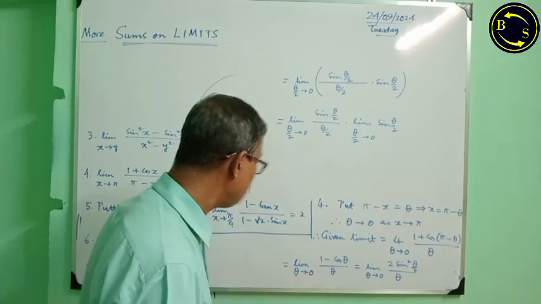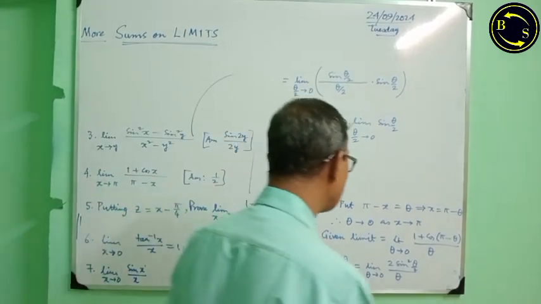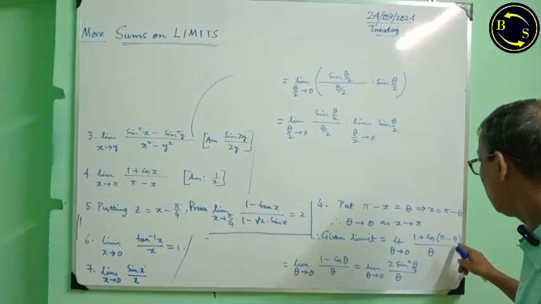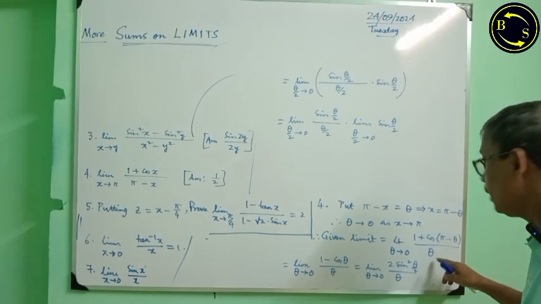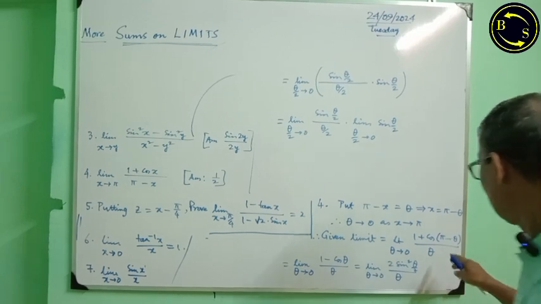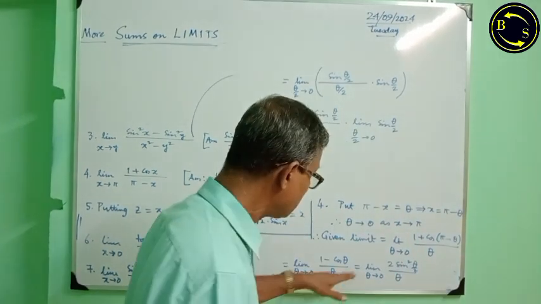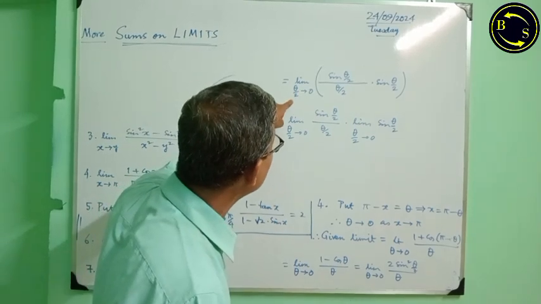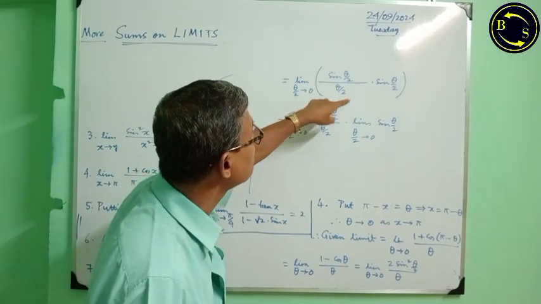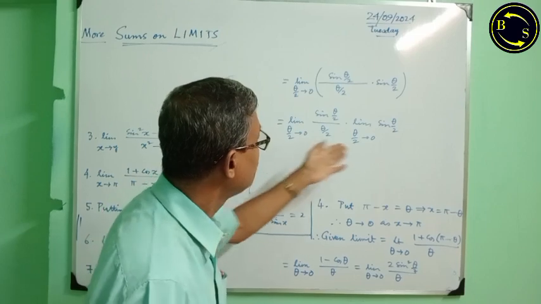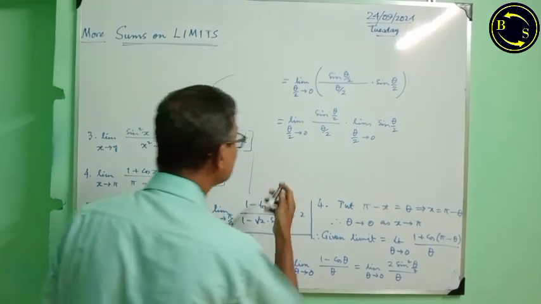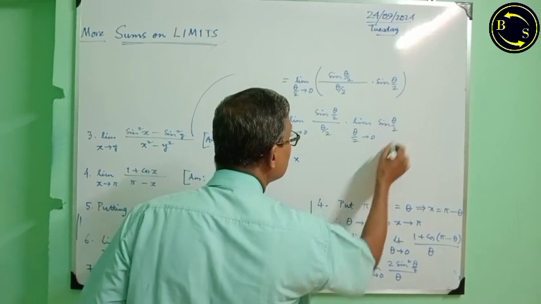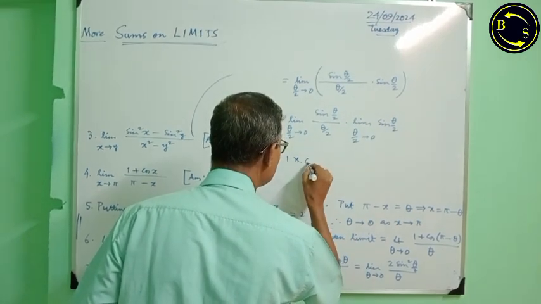Now given limit will be limit theta tends to 0, 1 plus cos of pi minus theta divided by theta. 1 minus cos theta matter is same here. Now limit theta by 2 tends to 0, sin theta by 2 into sin theta by 2. Now this one is 1 into limiting value will be here 0.